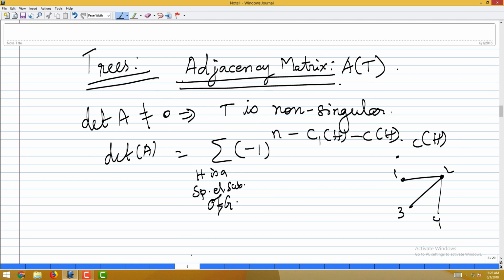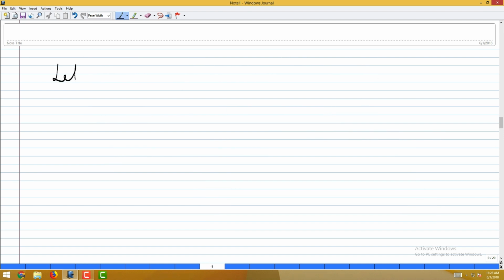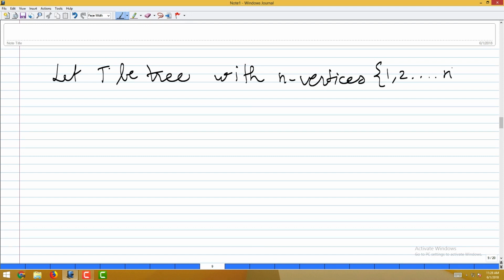So, this is the next result. Let T be a tree with n vertices, labeled 1 to n.